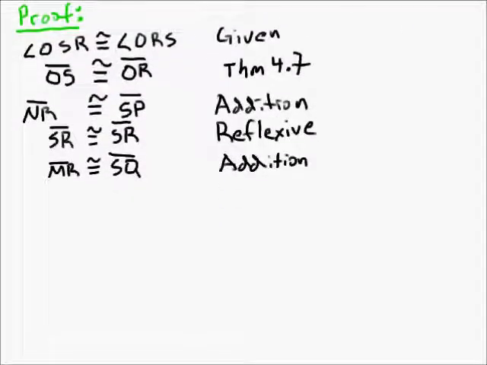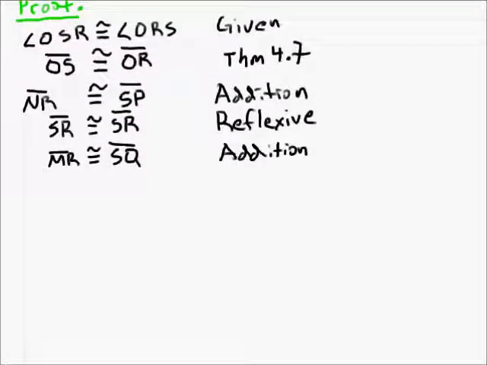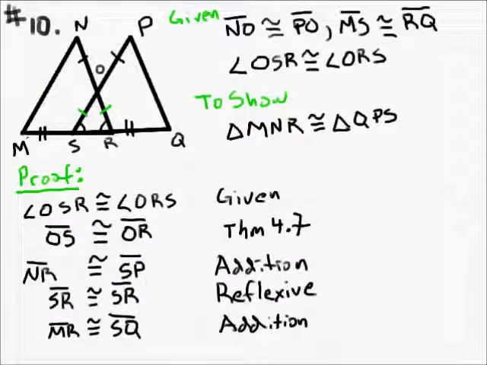Okay, and if I have that congruent, then that gives me this line, MR, congruent to QS. I have this line, NR, congruent to PS. I have this angle, NRM, congruent to PSQ. So, a little bit of color here.